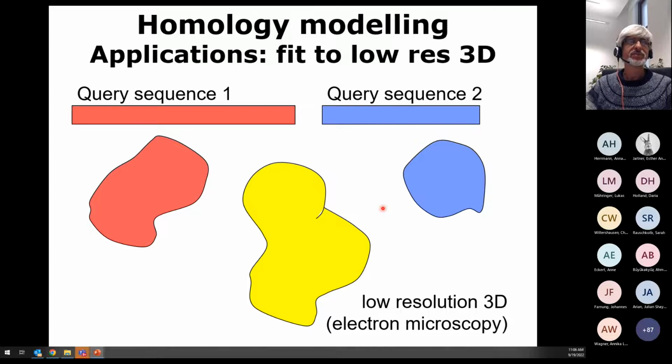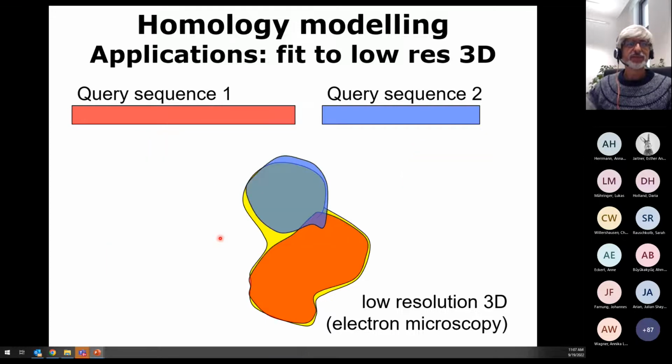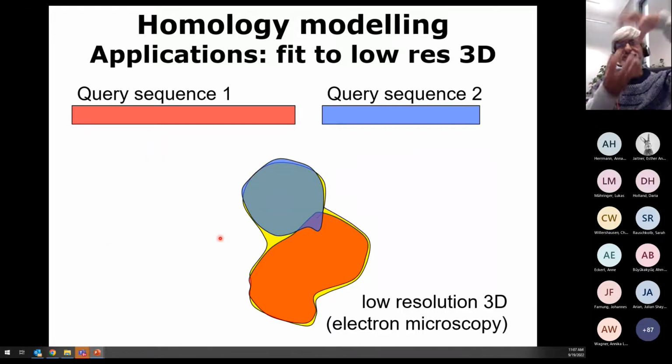Another thing that homology modeling allows is to fit. So from electron microscopy, sometimes you have structures that are very low resolution, and so you cannot see the details of the structure inside. But if you can do models of the sequences that are supposed to go there, then in principle you can fit them like in a kind of 3D Tetris in the structure that you have.